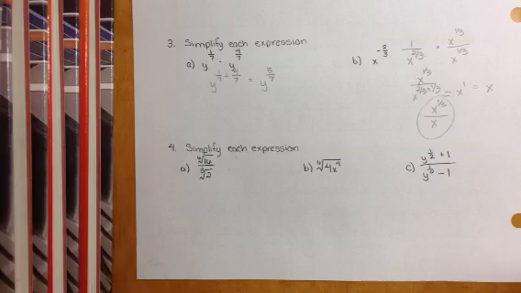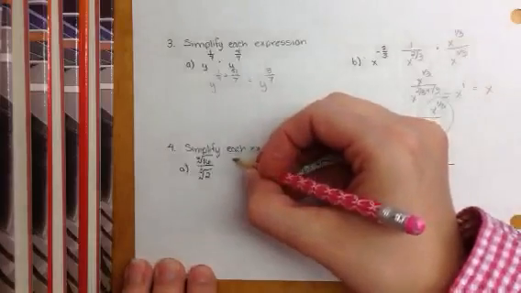So here's a couple different ones where we have different roots being combined. How can we combine these? So for the first one, we're going to break those up into our fraction form.